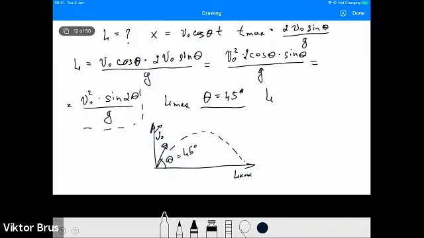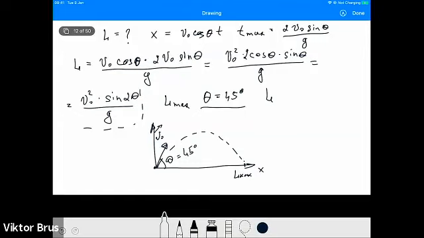L is the distance along the X axis from 0 to the position where the body lands, and H is the distance along the Y axis, which is the height of our trajectory. So this is the highest point of our trajectory.